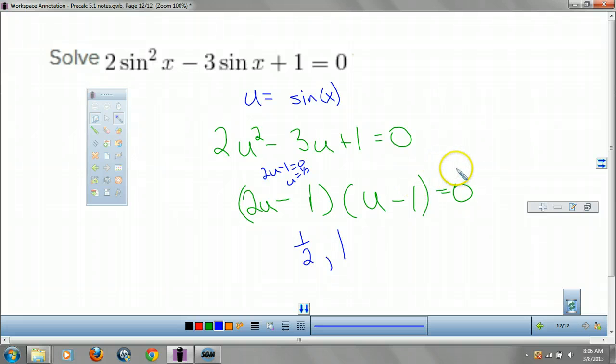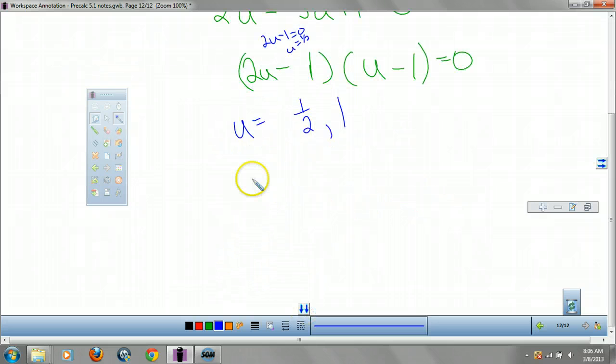Now that's what u equals. Now we go back. What did u equal, guys? Well, u equaled sine of x. So really sine of x equals 1/2, and sine of x equals 1.